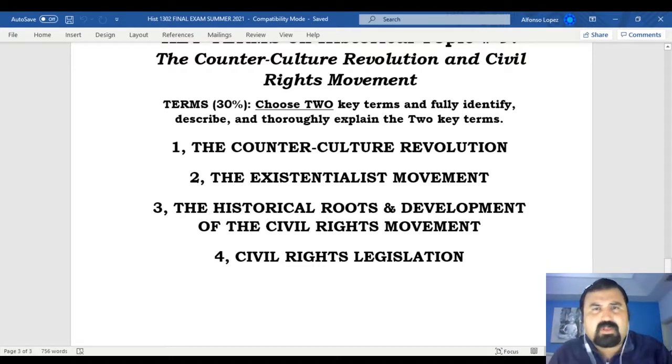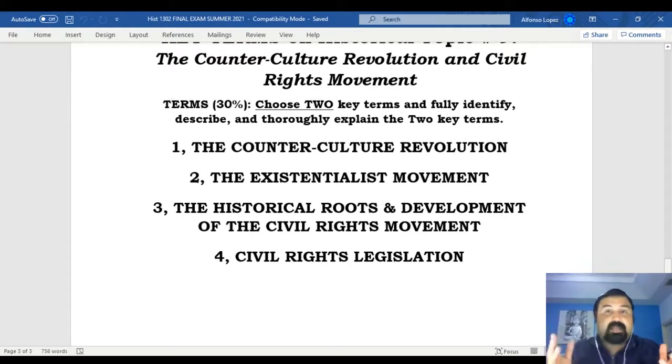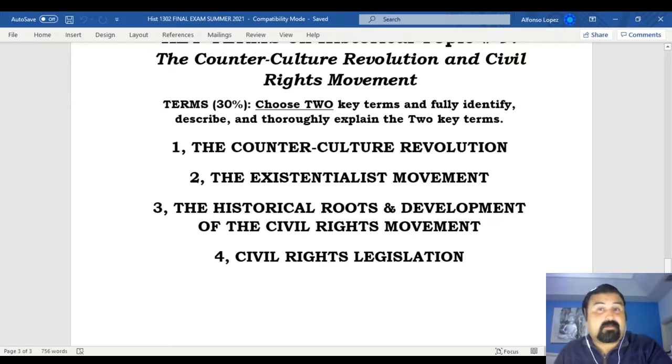I mean, just to give you an example, when I talk about, let's say, key term number three, the historical roots and development of the civil rights movement, what I do there is that I focus on the main groups that participated in the civil rights movement, in this case, women, Mexican Americans, and African Americans, and I look at their historical struggle, going back centuries into the past.